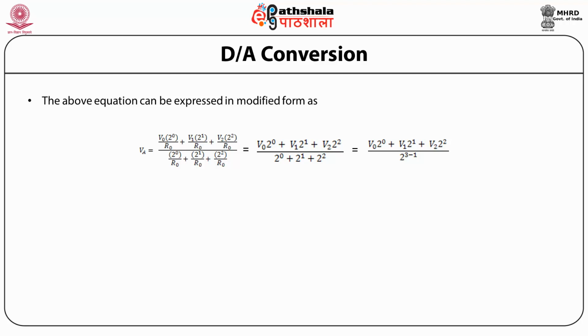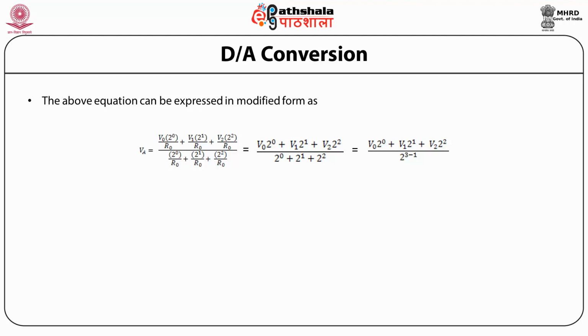Thus, this can be simplified to obtain VA to be equal to V0 into 2 raised to power 0 plus V1 into 2 raised to power 1 plus V2 into 2 raised to power 2, on the whole divided by 2 raised to power 0 plus 2 raised to power 1 plus 2 raised to power 2.